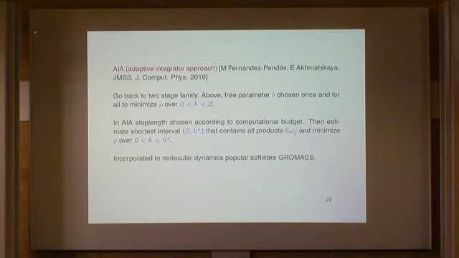So here the user chooses delta t according to the computational budget. If it's a very big problem, then maybe she figures out a way. I want to use 20 femtoseconds for a molecule because I want to simulate for a long time. So this delta t has been fixed.